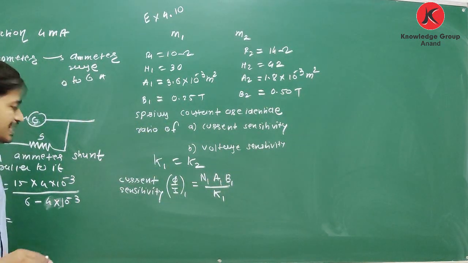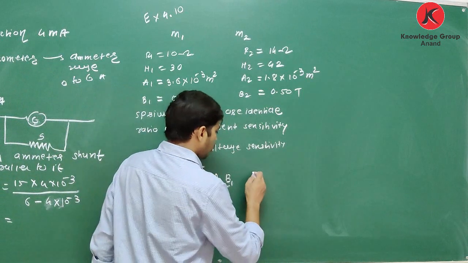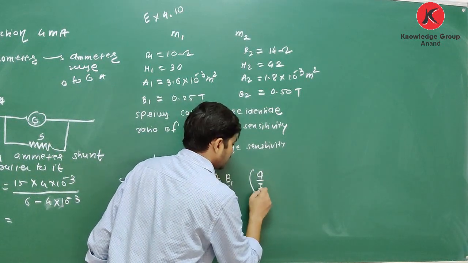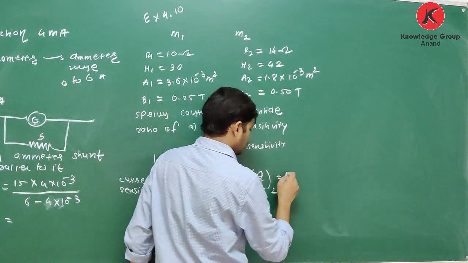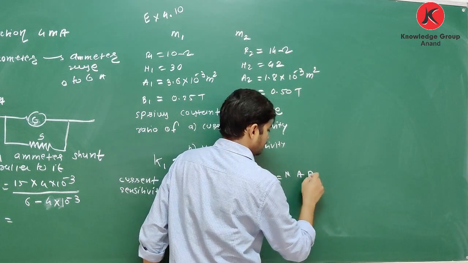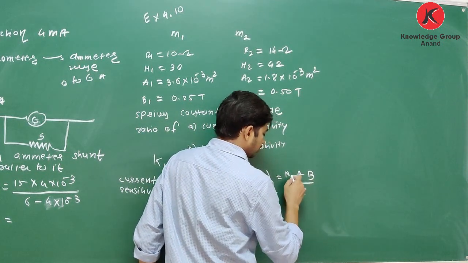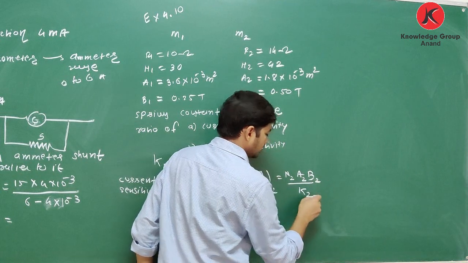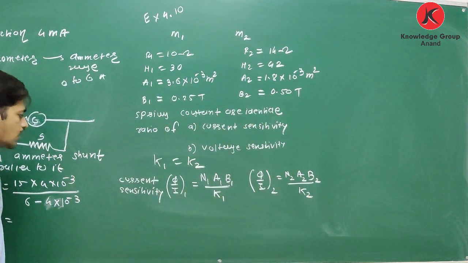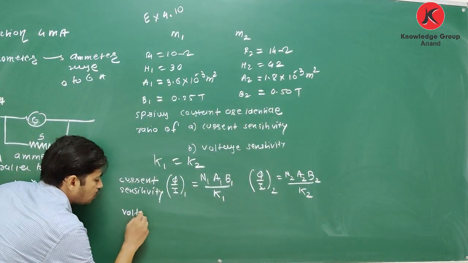Clear about this? Similarly, for the second coil, what is the current sensitivity? Phi upon I of 2 is equal to N A B upon K. So it is N2 A2 B2 upon K2. Simple.